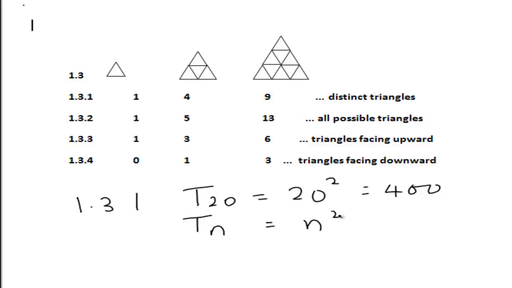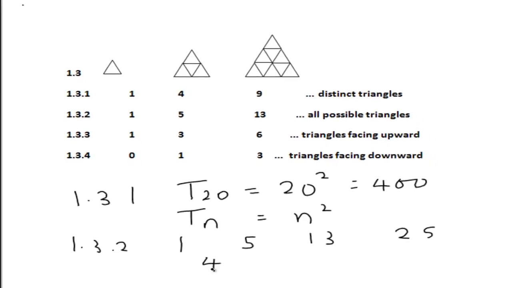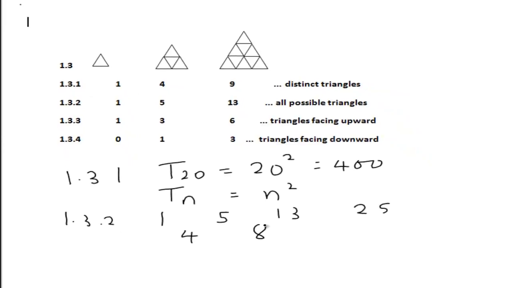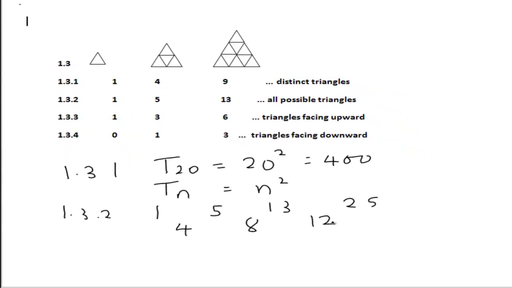Then we're looking at 1.3.2, which says all possible triangles, 1, 5, 13, and it goes on to 25. Now if one had to look at the first difference of these numbers, you'll find it is 4, 8, 12. Now that doesn't give you a constant, so therefore it's not linear.